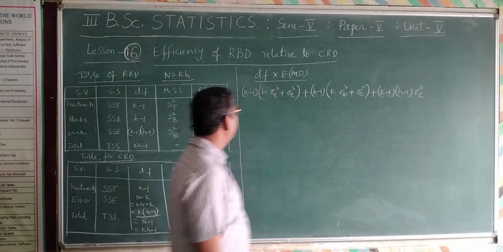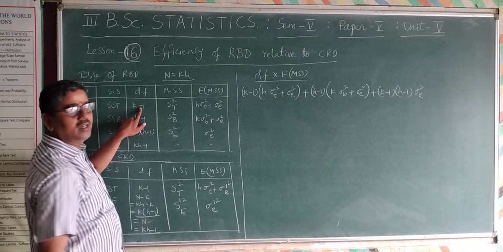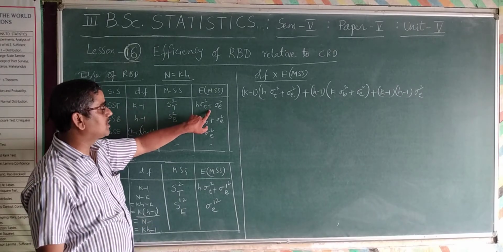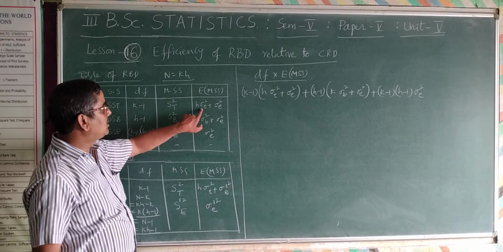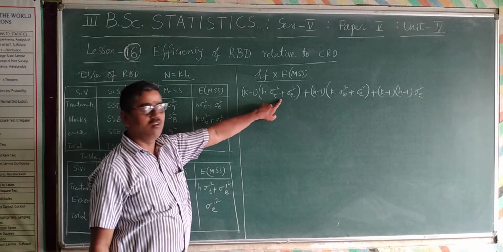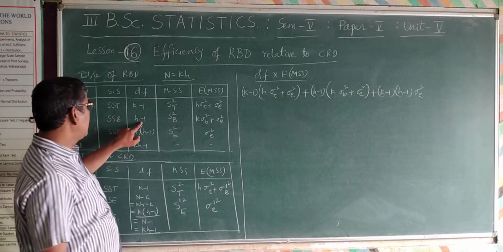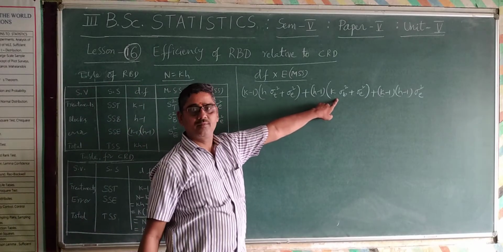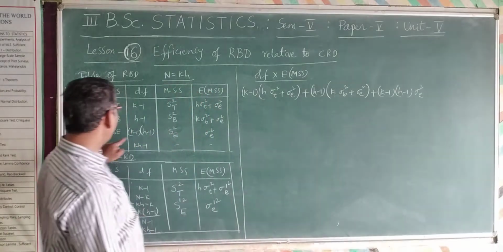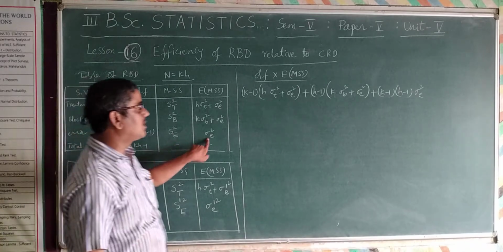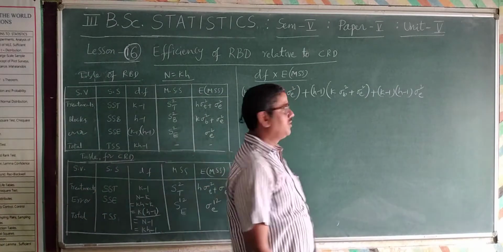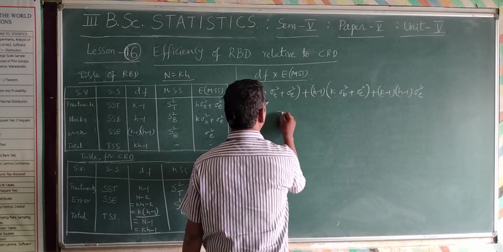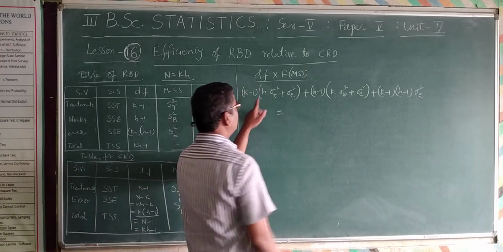You refer again: for treatments, k minus 1 degrees of freedom, and the expectation of mean sum of squares is h sigma square t plus sigma square e. For blocks, h minus 1, and k sigma square b plus sigma square e. For error, (k minus 1) into (h minus 1) into sigma square e. You consider this for RBD.